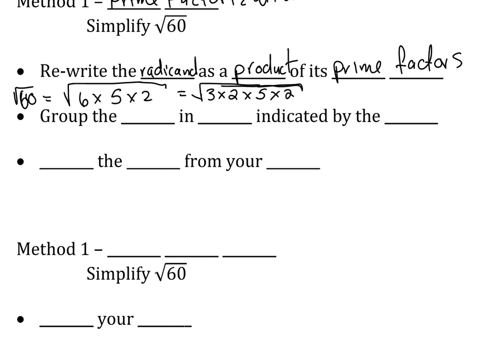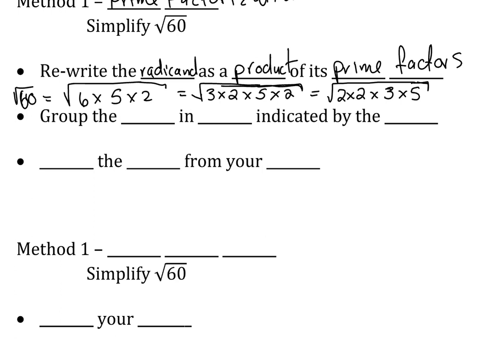I'm doing this in so many steps just so you can see exactly what I'm doing. You can cut it down to a smaller number of steps. Now usually I go in ascending order. So I have 2 2, so 2 times 2 times 3 times 5. That's our prime factorization from lowest to highest.